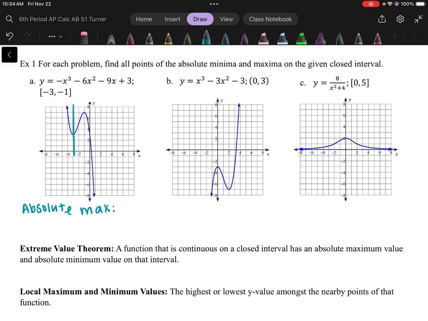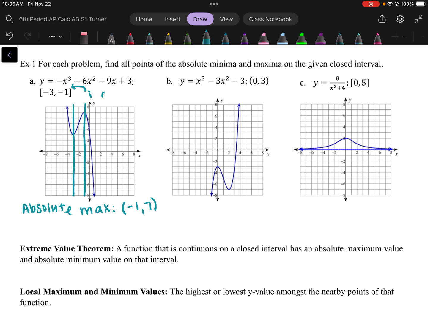We're looking from -3 to -1. So just in that little section, we're trying to see what is the highest point. And endpoints can be included when we're talking about those absolute values. So if I take a look within that little window, we can see that the highest point is taking place at -1.7, which is right on that boundary, but it's fine because it's included.